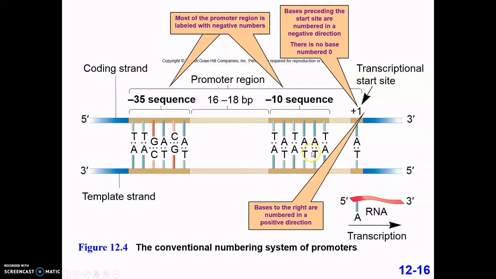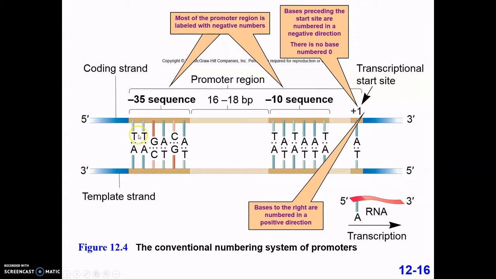There are two specific regions, the -35 sequence and the -10 sequence, which directs this process in bacteria. And together, these two sequences are called the promoter region. And another name for this would be the core promoter.